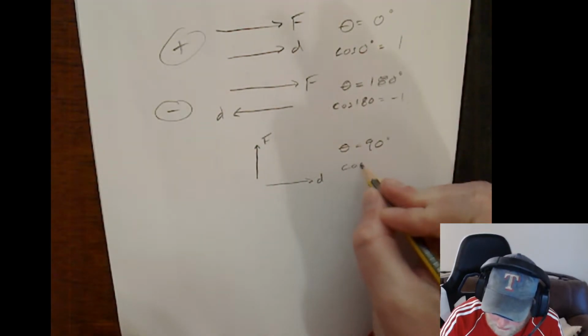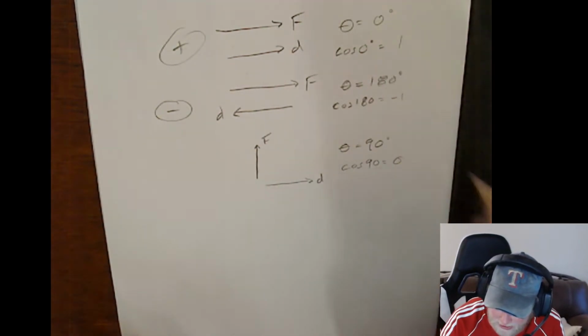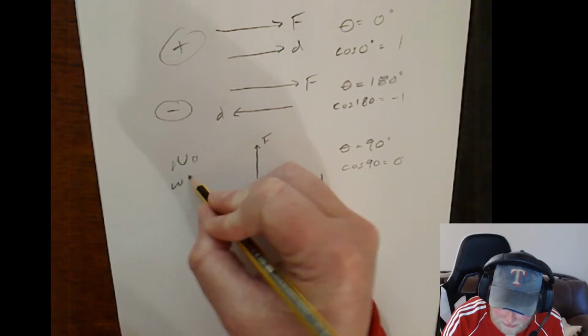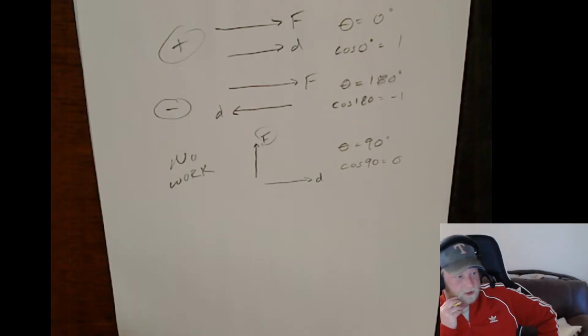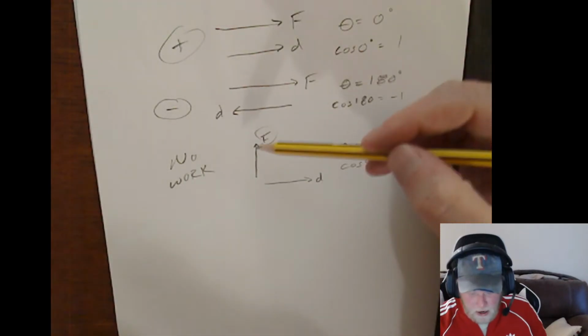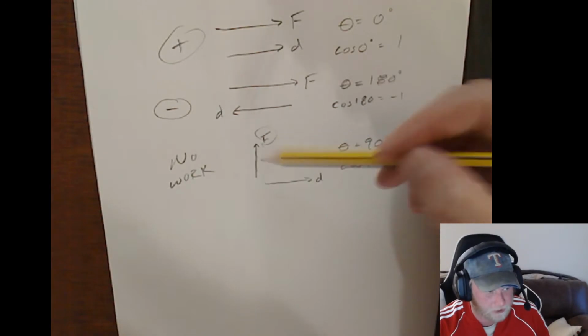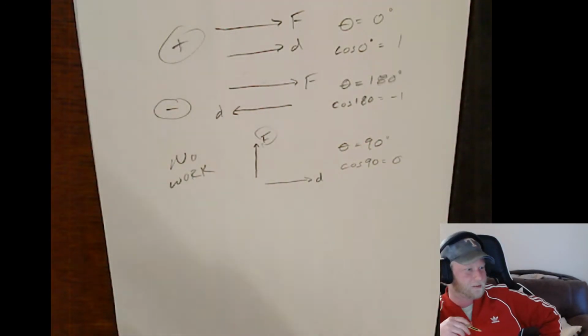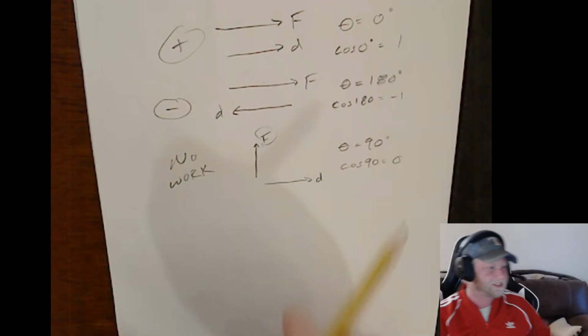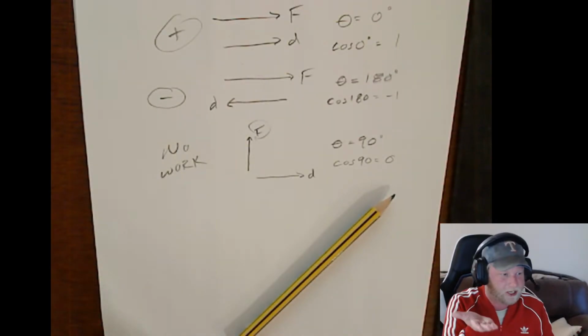Well, the angle of difference between these two vectors is 90 degrees. What's the cosine of 90? The cosine of 90 is 0. So in this case, no work is done by this force, because no component of that vertical force exists within this horizontal displacement. A good example of that would be, let's say you're a waiter, and you're holding a tray like this.